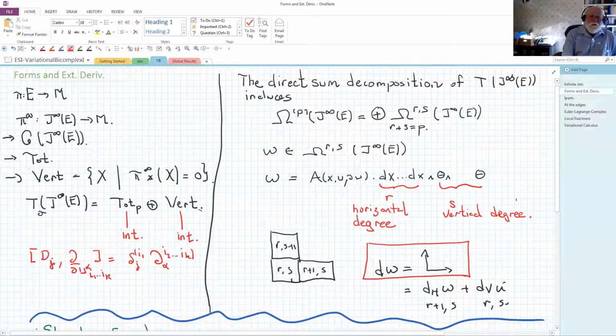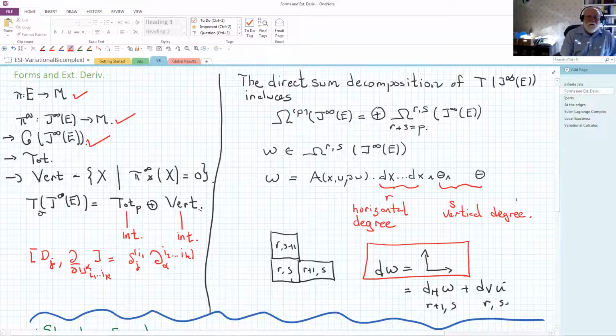Okay, so here we are. We started off with our distribution. We created the infinite jet space. We created the contact system. The annihilator of that are total vector fields. And then we have one more thing going for us. We can look at all the vector fields on the infinite jet space which project to zero. So we now have a splitting of the tangent space of the infinite jet bundle.